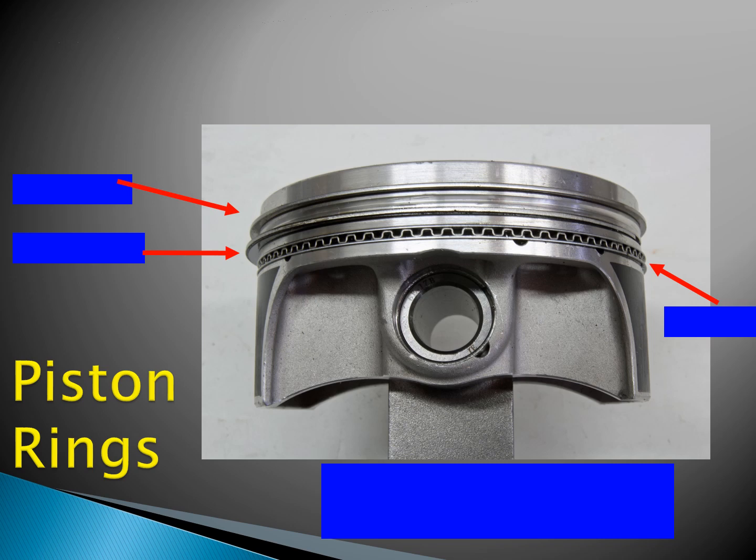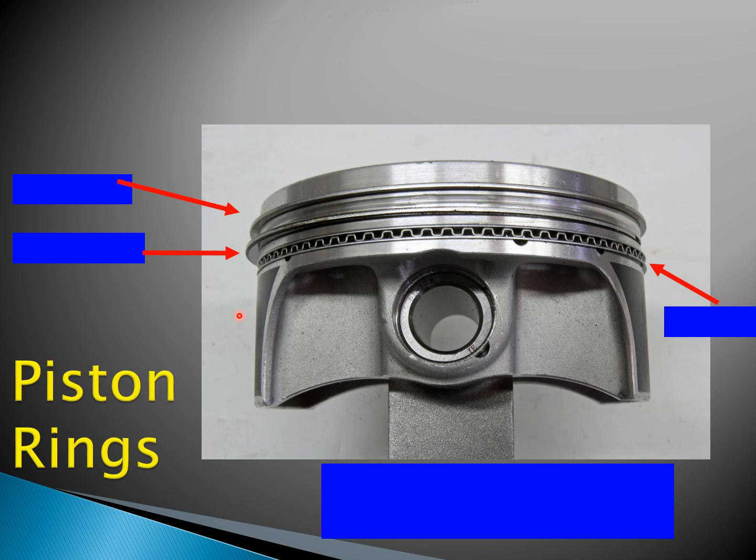Okay, so this is a better picture of an actual piston. What you need to know is that the piston is inside a cylinder, and obviously metal has to have a little bit of space between the piston and the cylinder wall. Otherwise, we've got metal scraping on metal, and that's not a good thing.